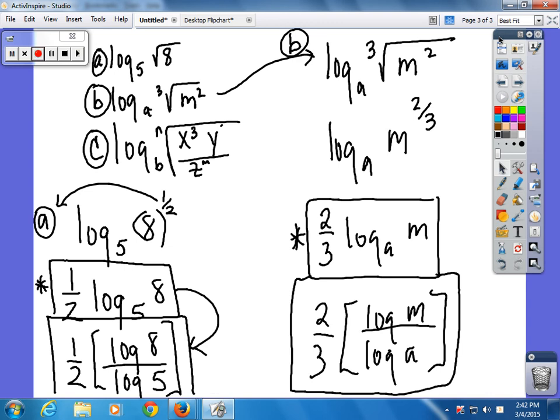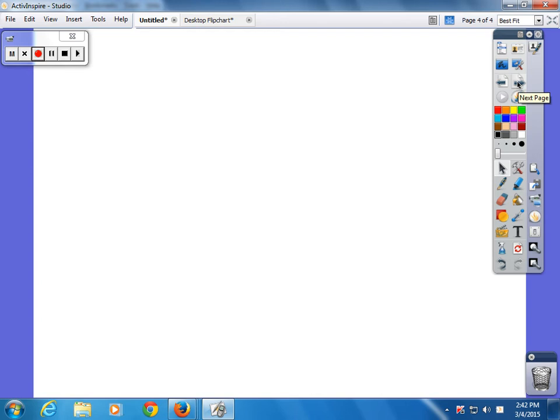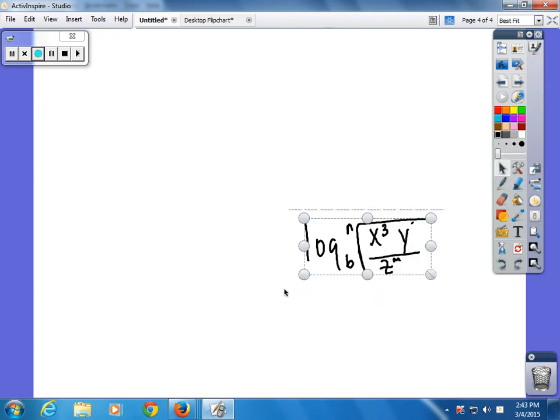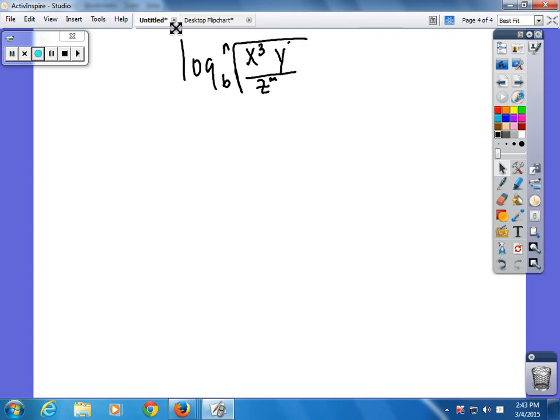So let's see if I can copy. I doubt I can copy that over, so I'm just going to go to the next page and hit paste again and erase these two. Now the key to doing these types of problems is knowing what to do first.